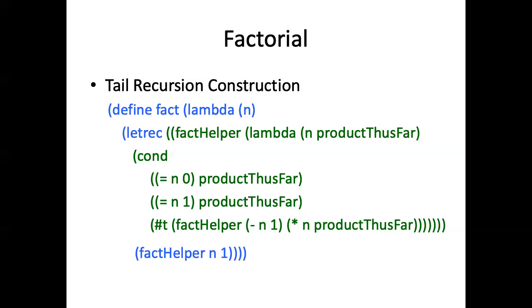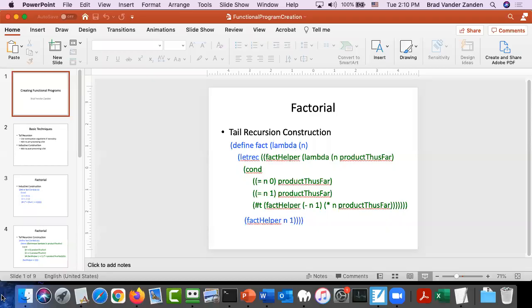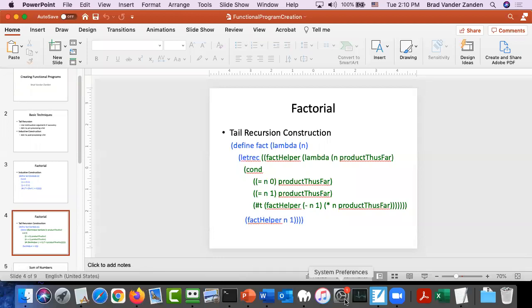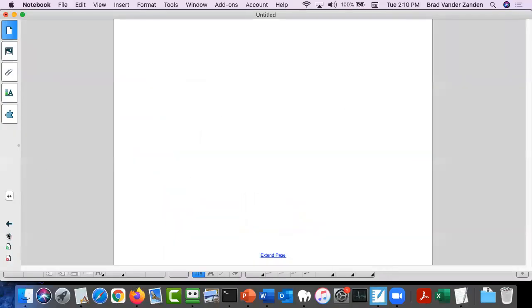And at each point, we are multiplying the product by I. So what you're seeing here is the equivalent of an imperative program that says: product, first of all, is equal to 1.